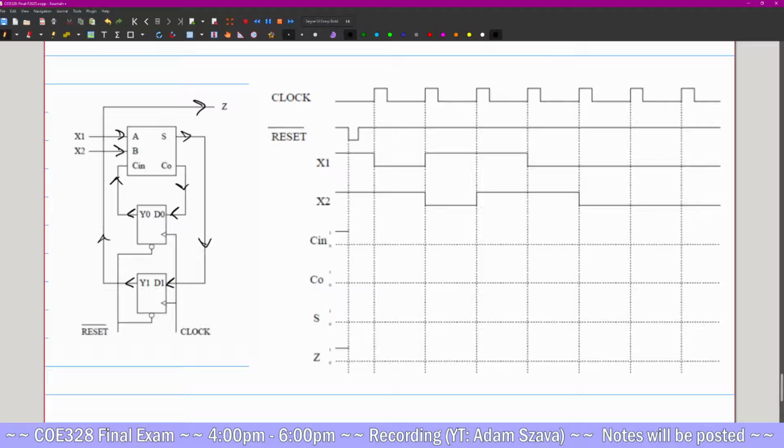So at this moment, the circuit has been reset. That means that these values are both 0. And so immediately, what's my Cin? Well, Cin is the value of y0.